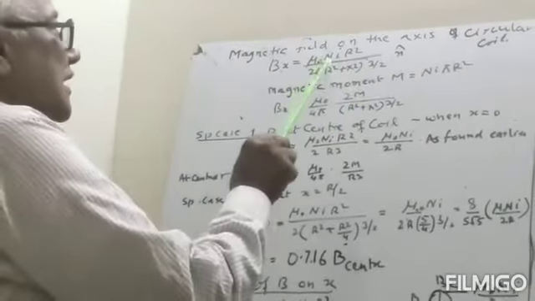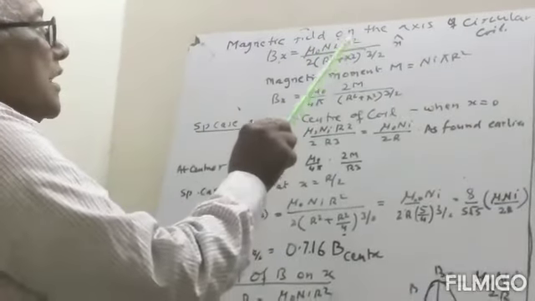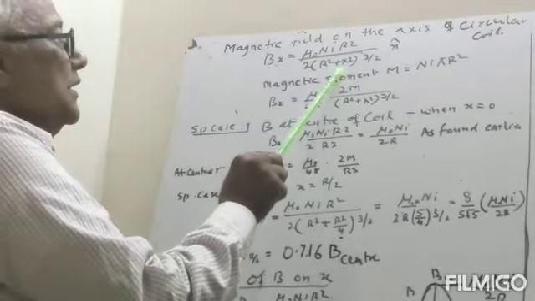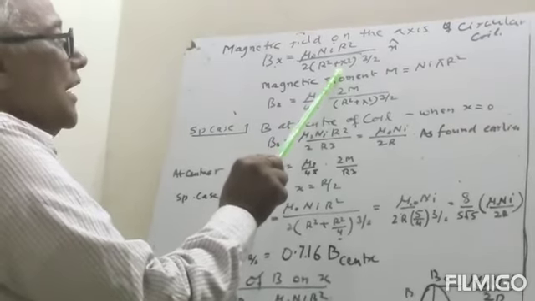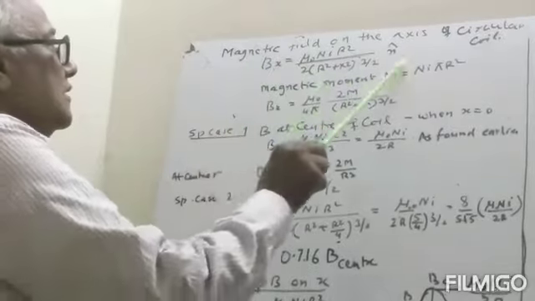Here I is the current passing through it, n is the number of turns of the coil, r is the radius of the coil, and x is the distance between the center of the coil and the position on the x-axis. So we have found it.